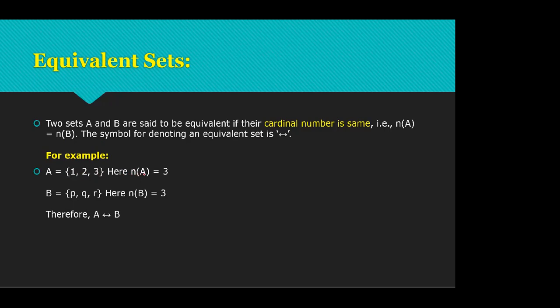Here, the cardinal number of the set is 3. And for set B, the elements are P, Q, R, and the cardinal number of the set is 3. Therefore, A is equivalent to B. Gets?